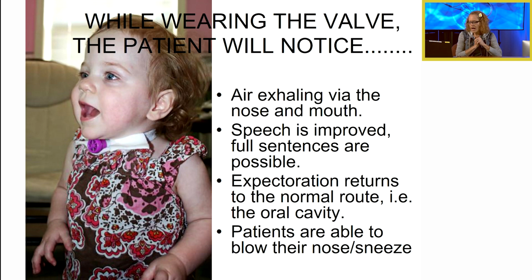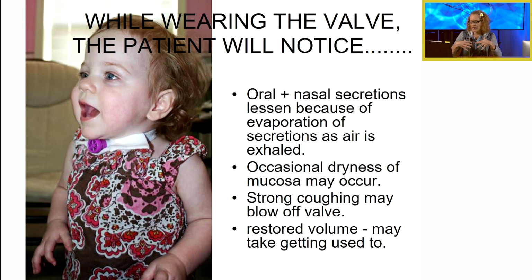All right. So here we can see that while wearing the valve, the patient will notice that air is exhaling via the nose and mouth, speech is improved, full sentences are possible, expectoration returns to the normal route, and the patient is able to blow their nose and sneeze as pulmonary toilet comes back, right?